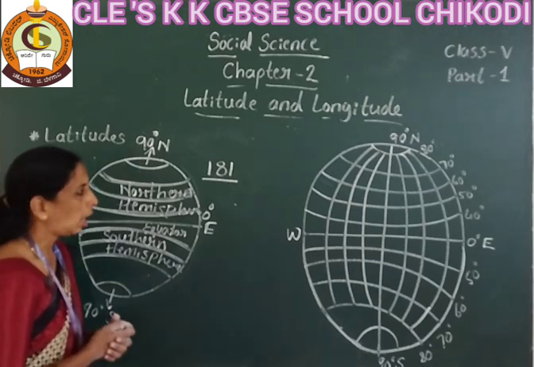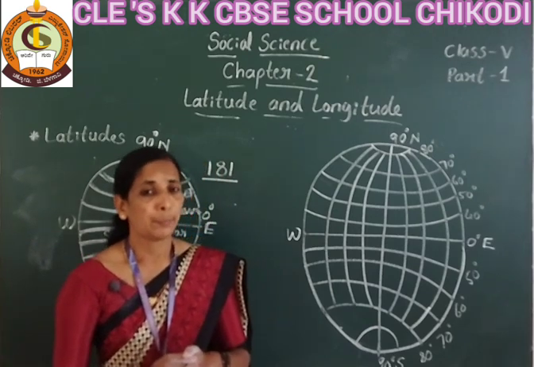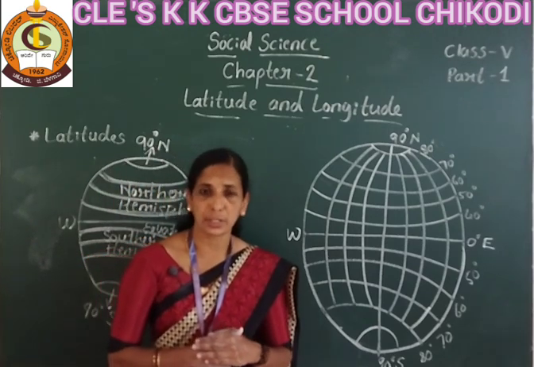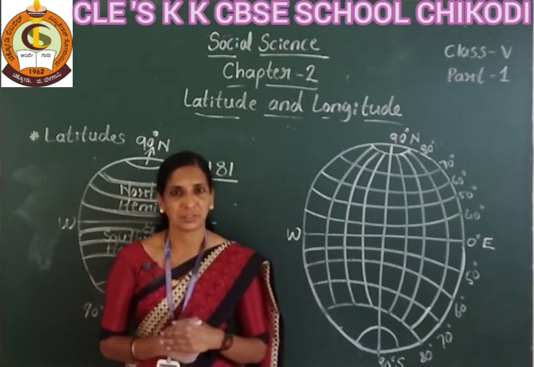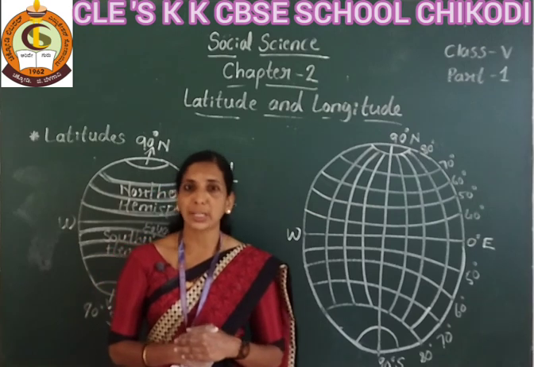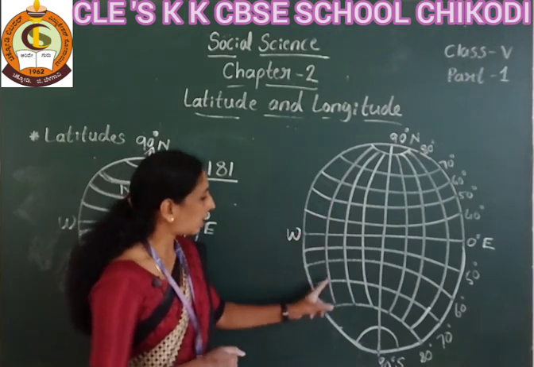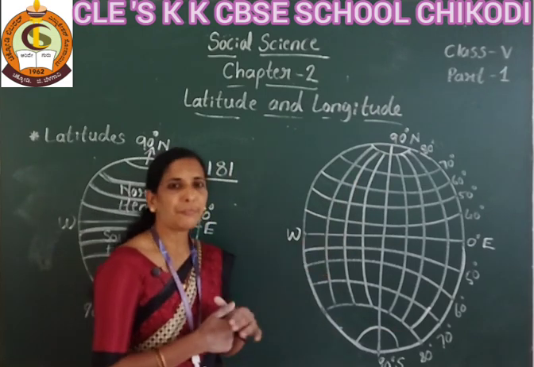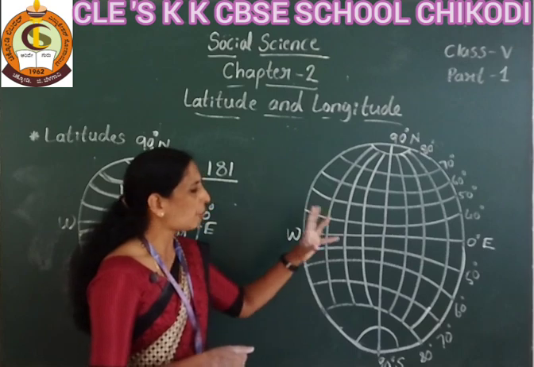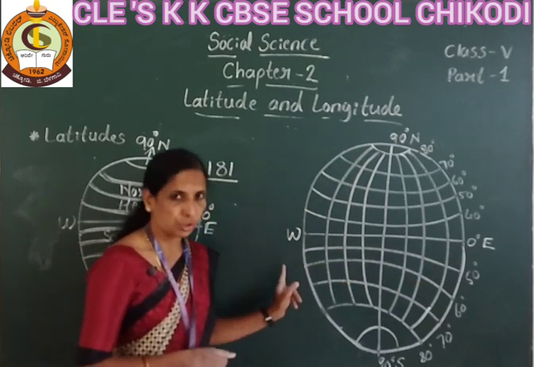Okay students, I hope you all understood today's class. What have you learnt in today's class? You have learnt about imaginary lines. These lines run from north to south and east to west.